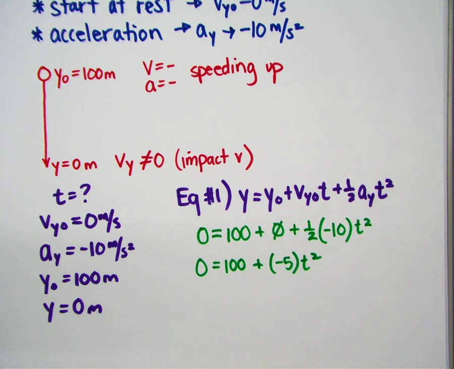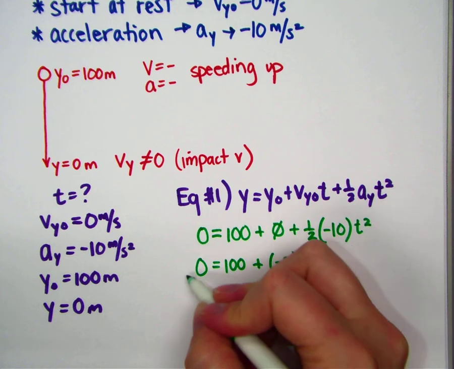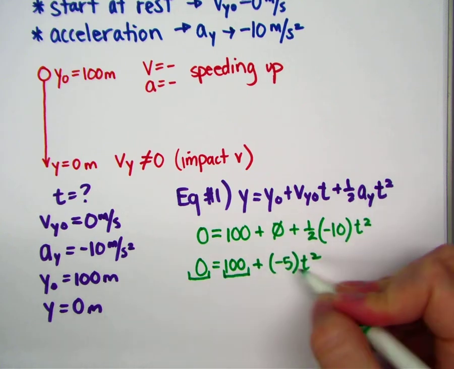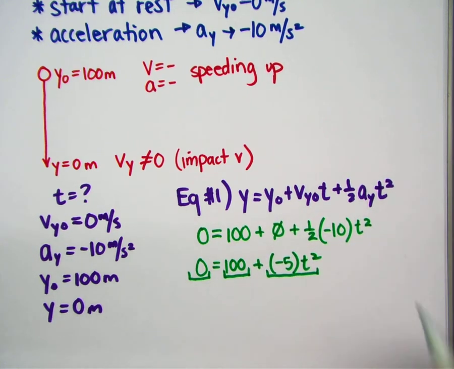Some people don't do math very well. So please make sure you do not combine the 100 with the negative 5. They are not like terms. I have 3 terms here. You can only combine the terms that are the same. Does anything else have a t squared? No. So it doesn't get combined with anything.